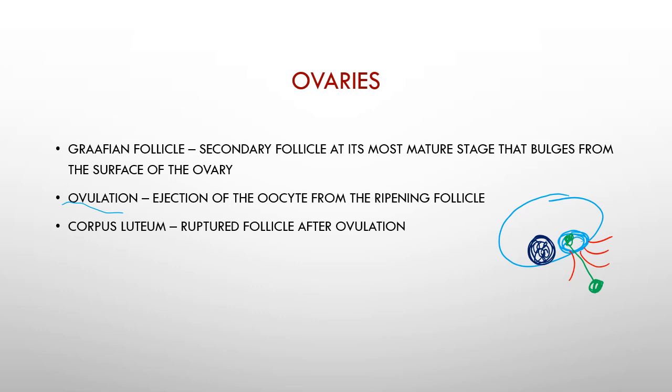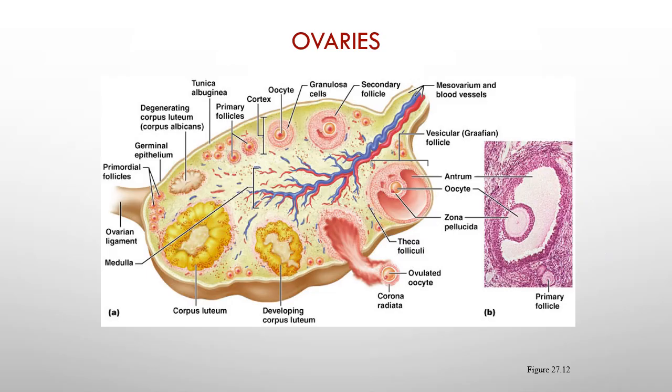If not, it's eventually going to become a destroyed corpus luteum, where the cells themselves become almost like a scar on the ovary after ovulation has occurred. So the corpus luteum degenerates. It's going to eventually turn into a corpus albicans, where it's no longer functional.